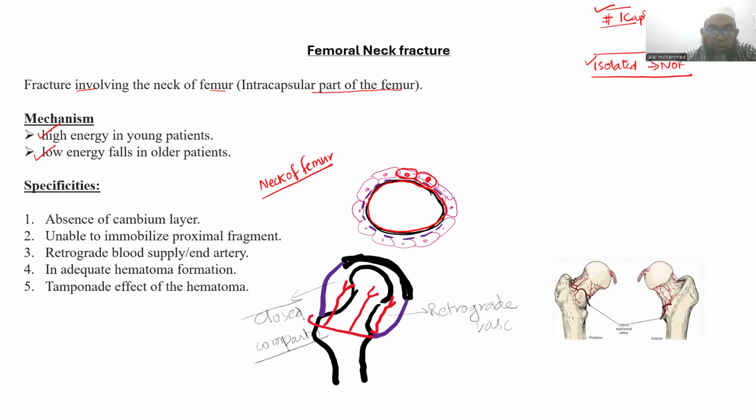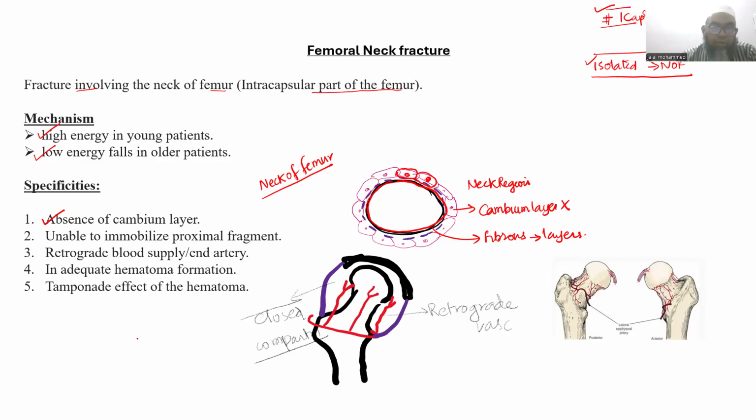The other one is the fibrous layer. What happens is, in the neck region, the cambium layer is not there. Only the fibrous layer is present. If the cambium layer is not there, there is no osteoblast, so there is poor regenerating capacity. So there is absence of the cambium layer.